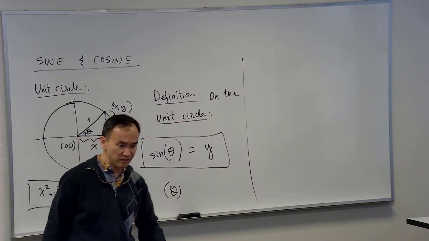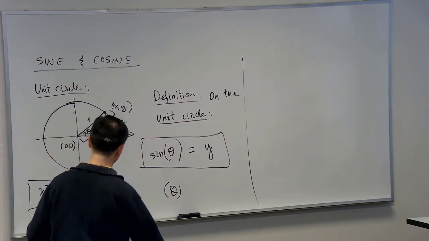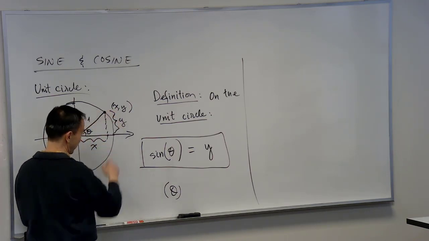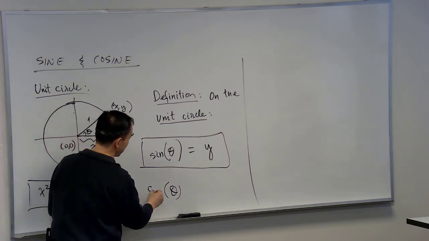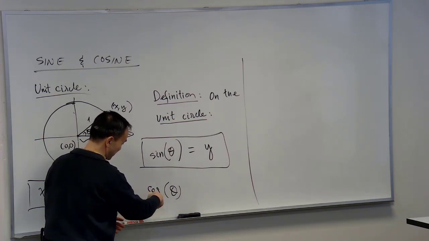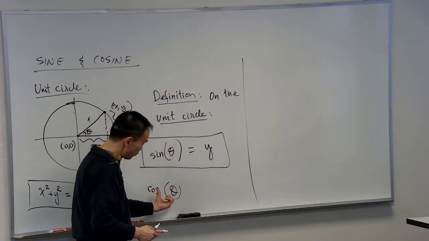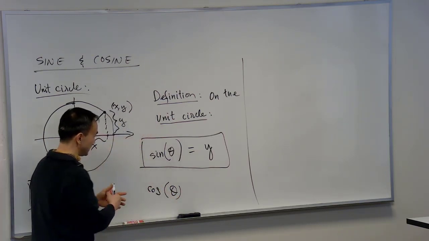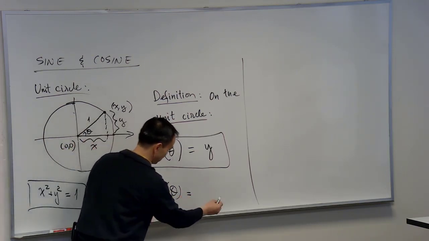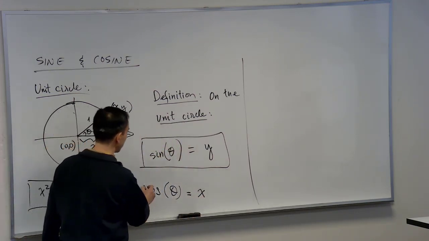It doesn't always have to be a positive angle, but for any angle with the x-axis from the terminal point, we can now define a value called the cosine value. I call it cosine, but notationally we write cos. So cosine of that angle theta refers to the x value, the x-coordinate of the terminal point.